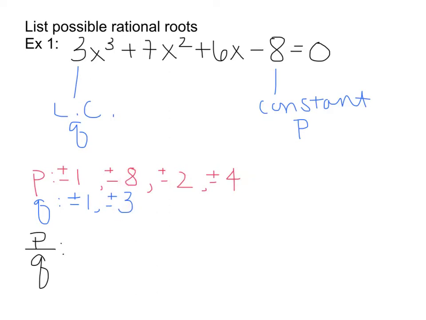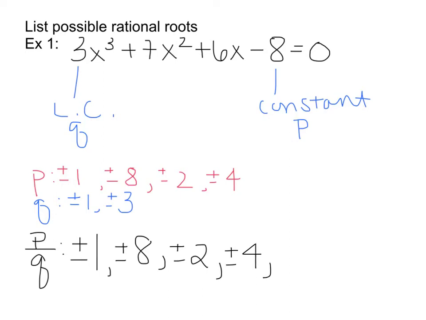So we're going to take 1 and we're going to divide it by 1, and so it could be plus or minus 1. Okay, then we're going to take 8 and divide it by 1, so it could be plus or minus 8. Okay, now 2 divided by 1. Okay, then 4 divided by 1.